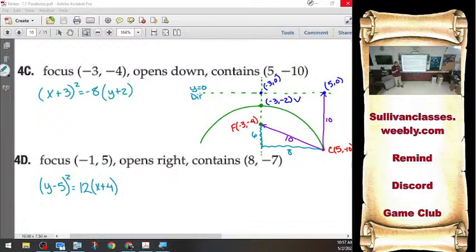So if I got my vertex, I've got my h and k. Because it's opening downward, I know that x is squared and my 4p value is negative. The distance from my vertex to the focus or my vertex to the directrix is 2. 4p is 2 by 4.